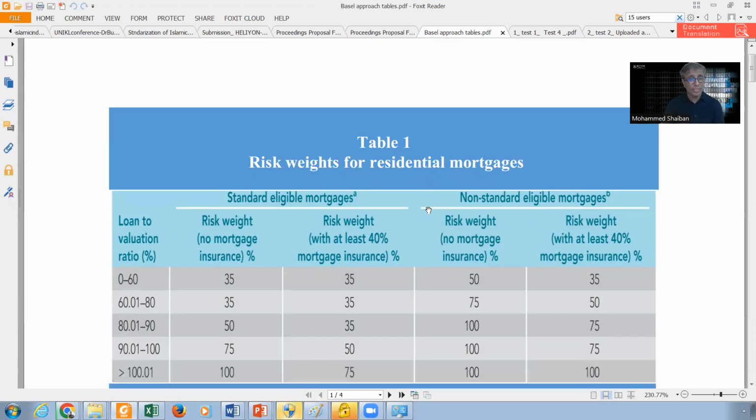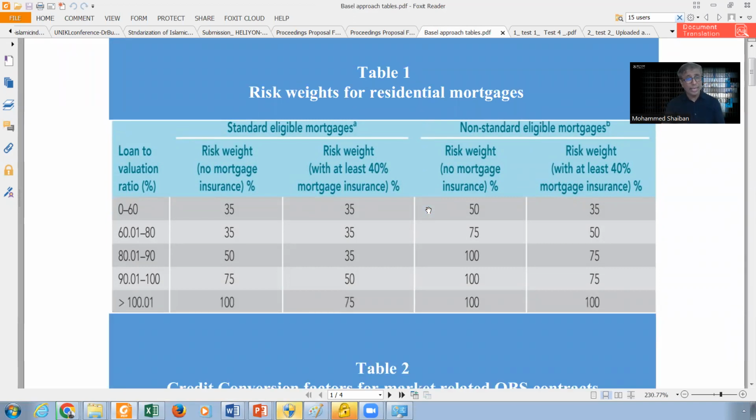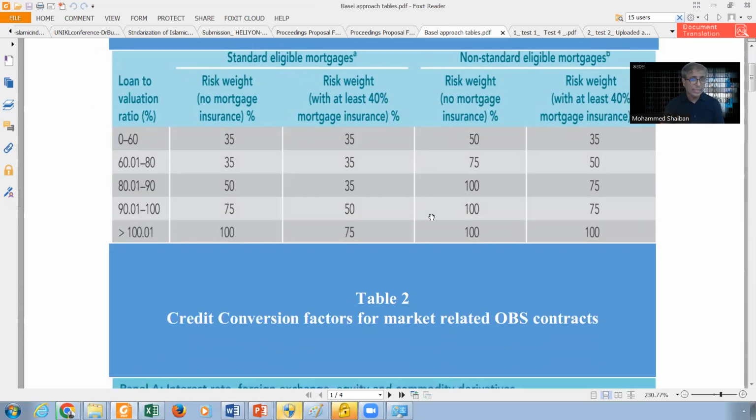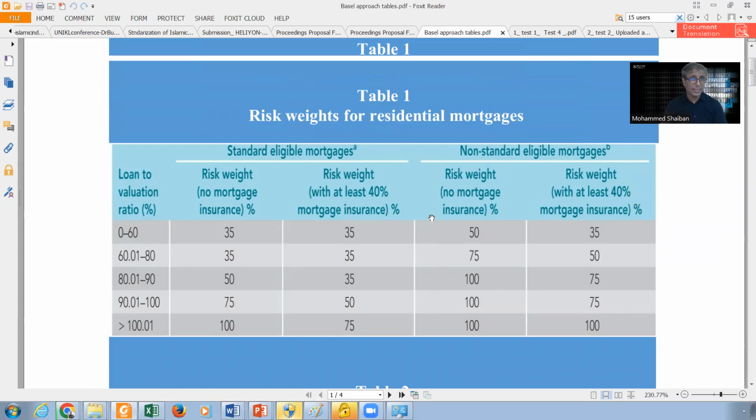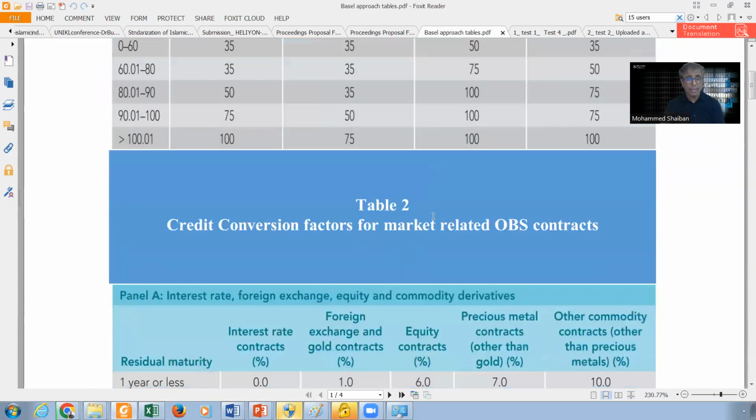So in this information, you have to calculate the risk-weighted assets. And the risk-weighted assets are credit risk, on balance sheet and off balance sheet. They are market risk. There is also what we call operational risk, and some other risks.